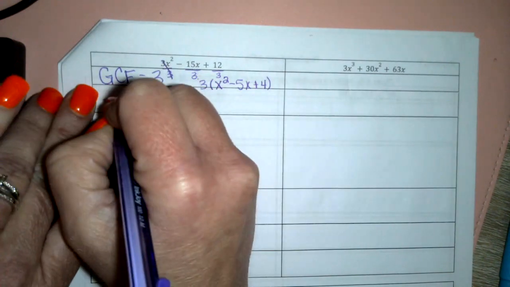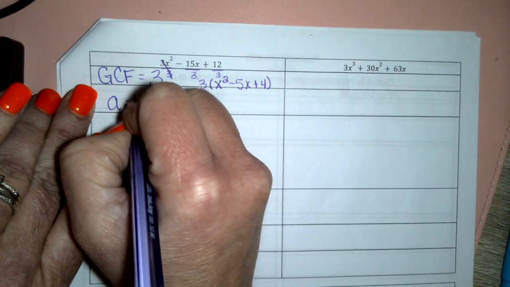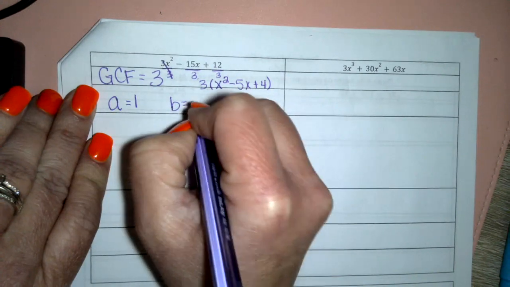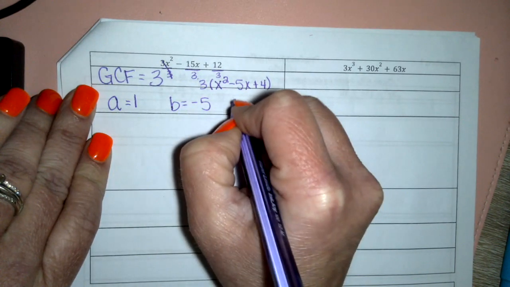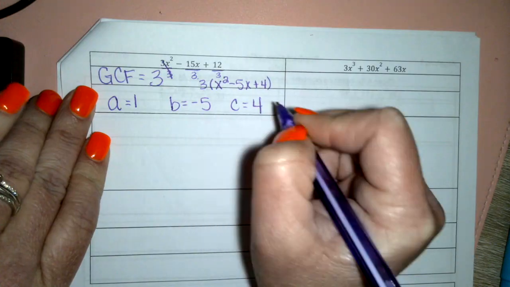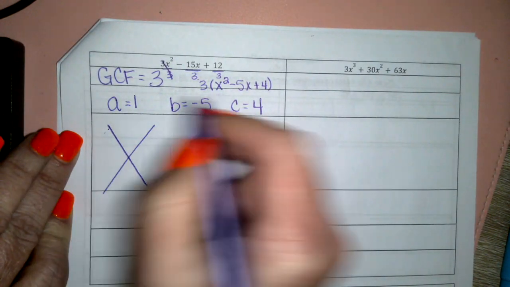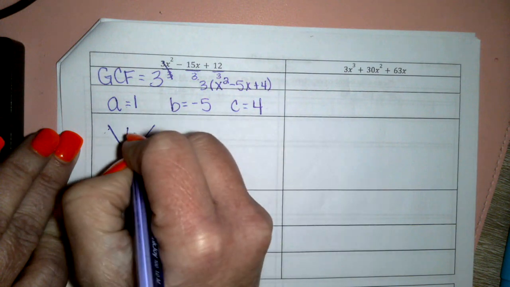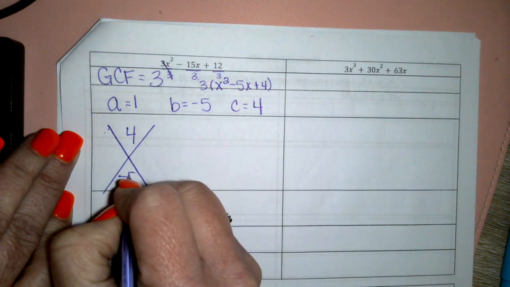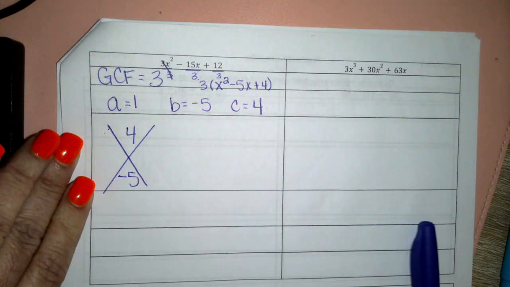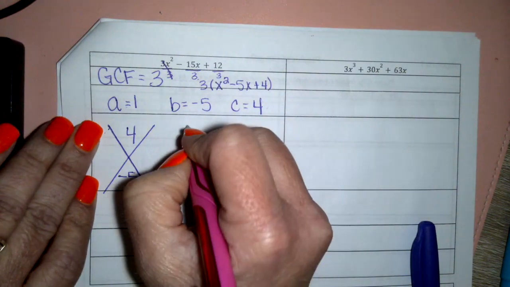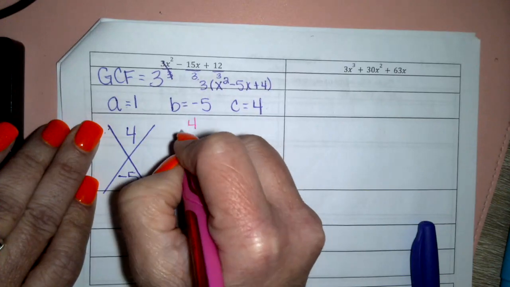Next, we have an a, which is 1, b, which is negative 5, and c, which is 4. Next, I'm going to do my x factor. A times c, so 1 times 4 is 4, but they have to add together to give me negative 5. And when that happens, both factors have to be negative. So we got a positive 4.